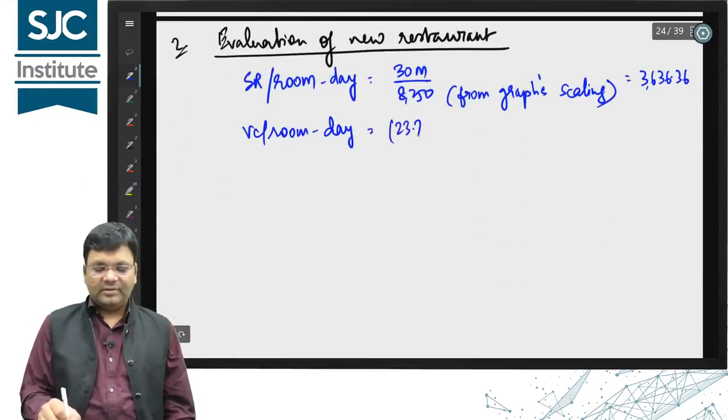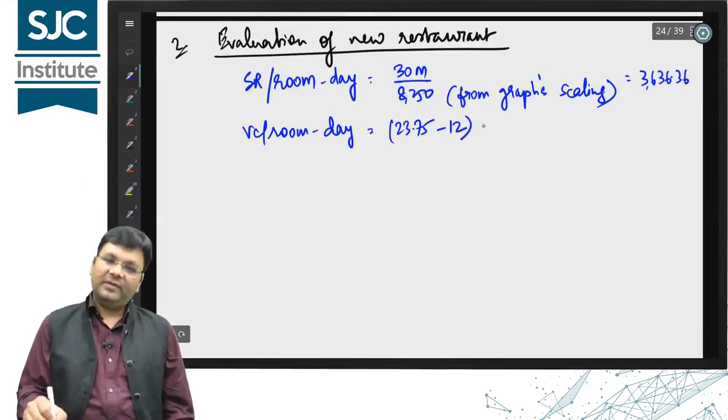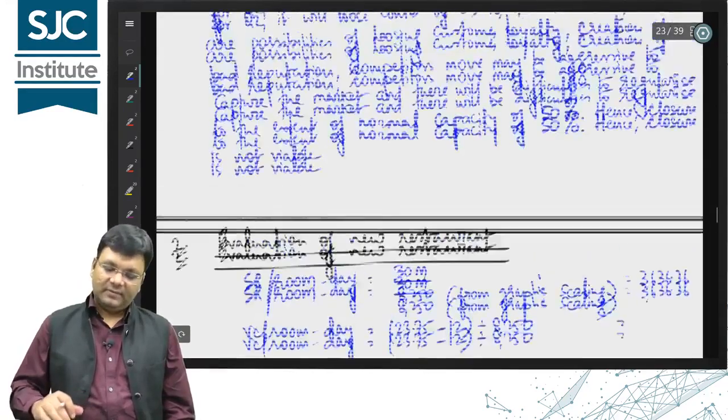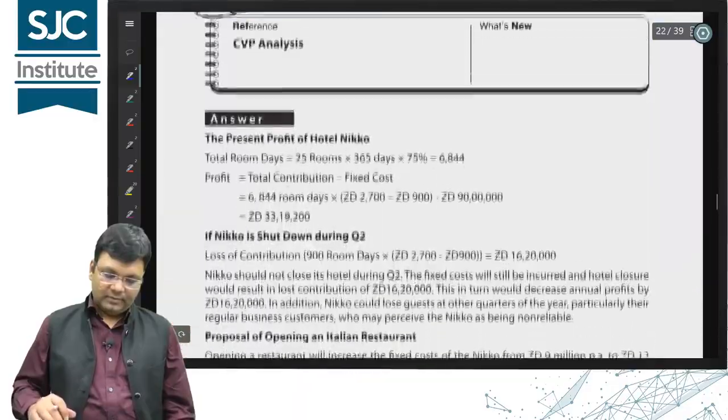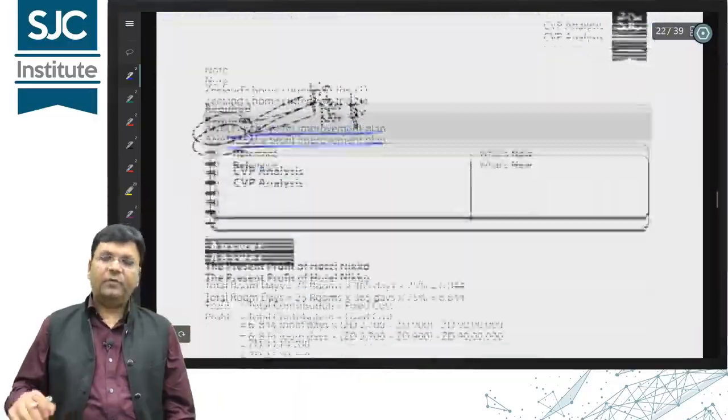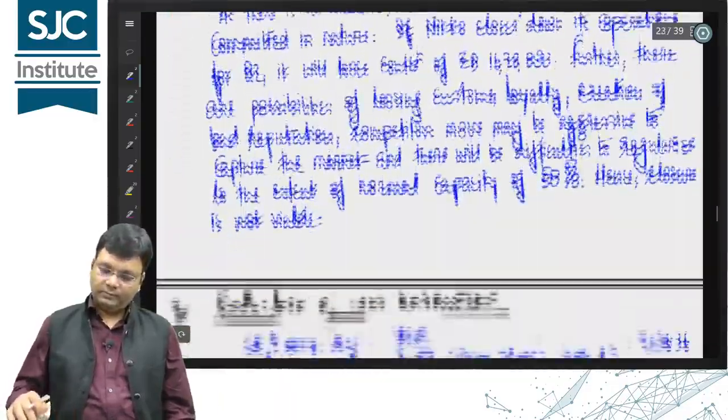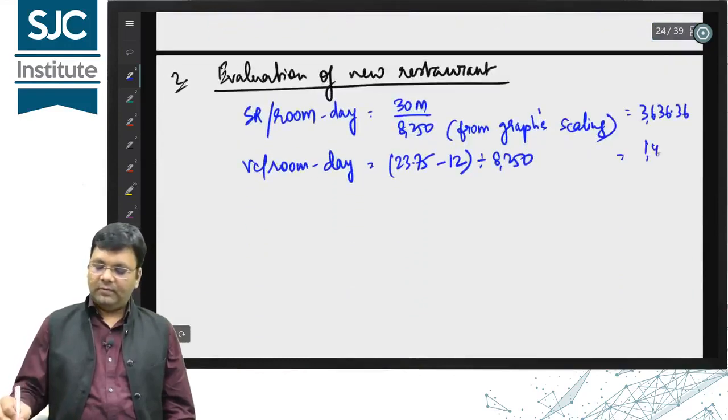Variable cost per room day. So 23.75 was your total cost, minus 12 was your fixed cost, then divide by 8250. So how much was this? 1424.24.